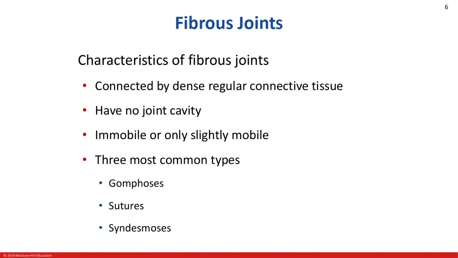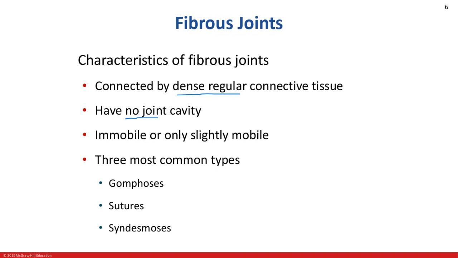It's going to be that dense regular connective tissue, similar to a ligament or a tendon. Very strong. There is no joint cavity present. We'll see joint cavities with our synovial joints, not with the fibrous joints.